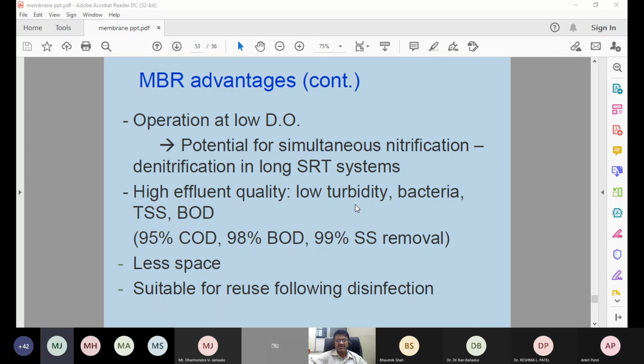For any material, you have to maintain the pH in the range of around 6 to 8. If the pH is high, it is likely that there will be harm to the membrane. That is the problem.